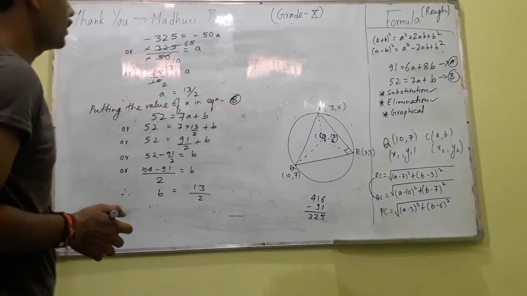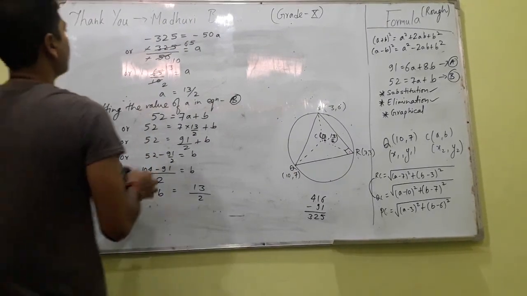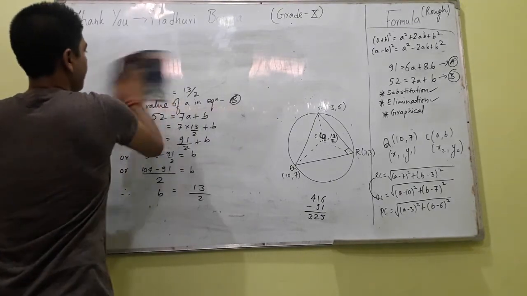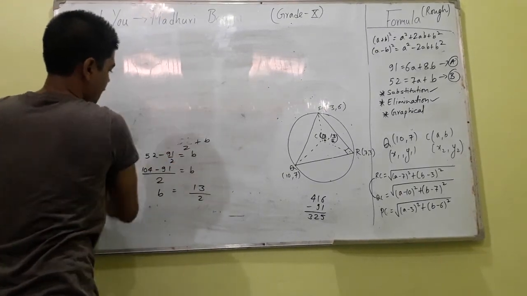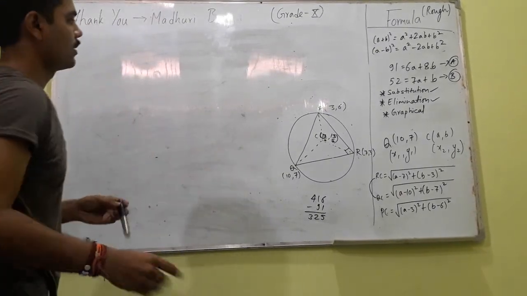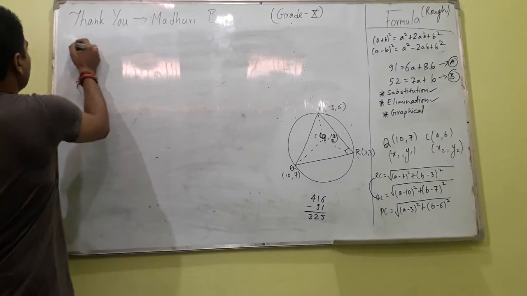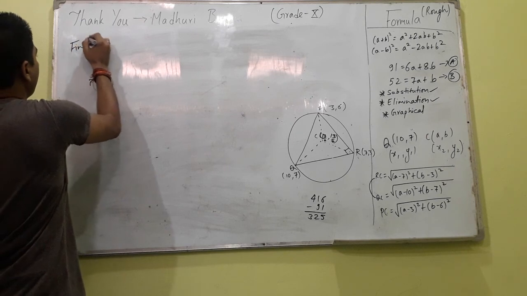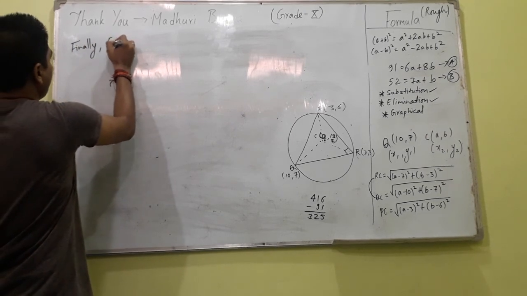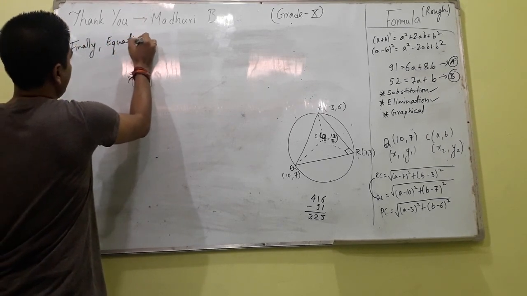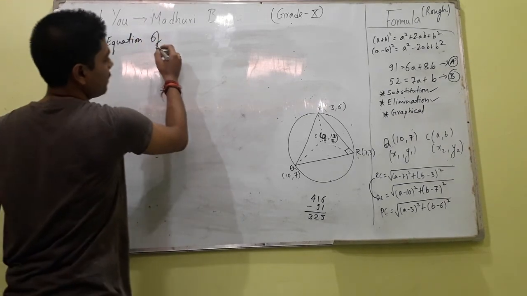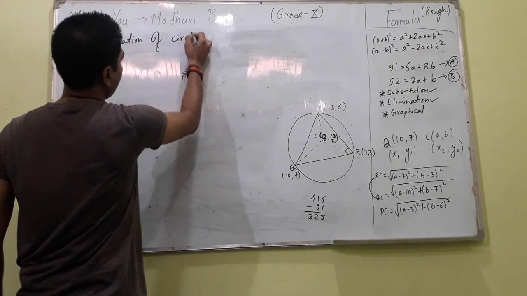Now we can find the equation of a circle and the radius also. This question is the long question, that is why it is taking more time. Finally, the equation of circle.